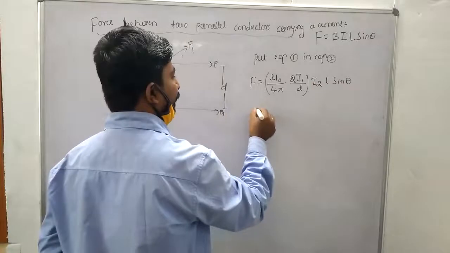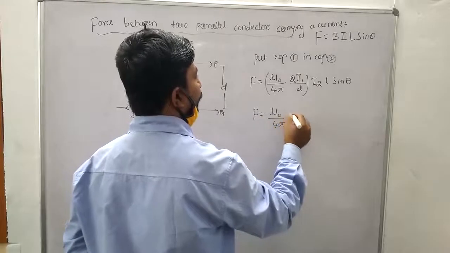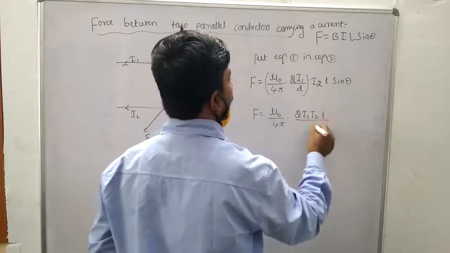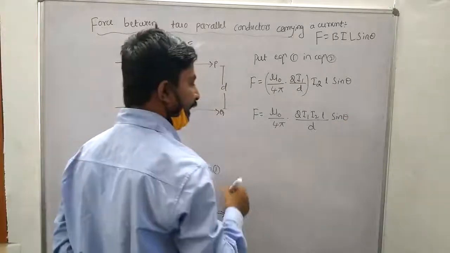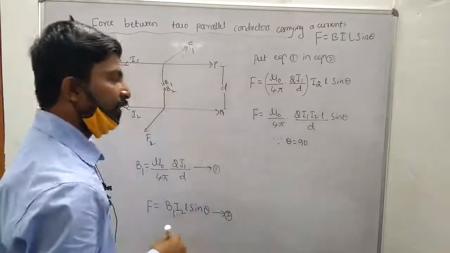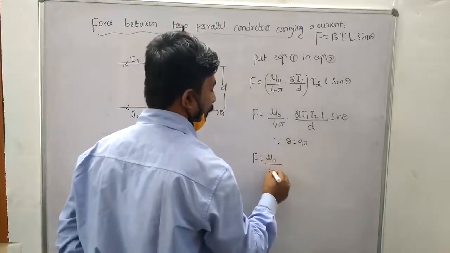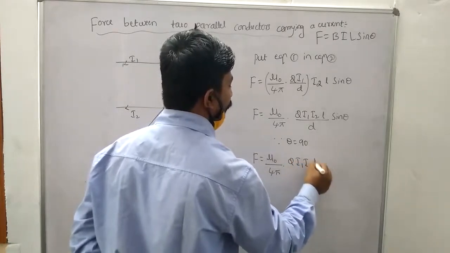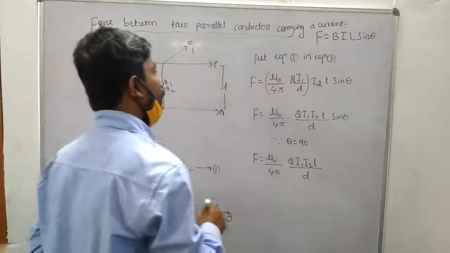Next F is equal to μ0 divided by 4π into 2I1 I2 L divided by d sin theta. So if theta is equal to 90 degree, what is sin 90? It is 1. So therefore F is equal to μ0 divided by 4π into 2I1 I2 L divided by d for unit length of the conductor.